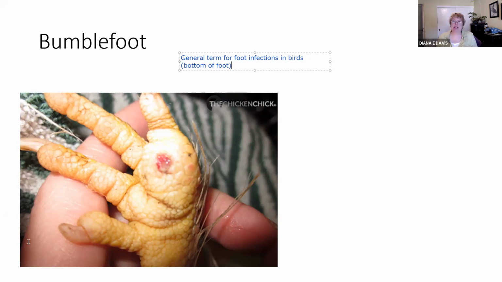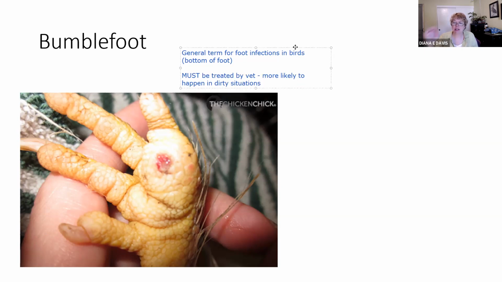These must be treated by a vet. And they are more likely to happen in dirty situations. Oh, you guys learned a little bit about it in small mammals. Yes, small mammals and reptiles can get bumblefoot. Cleanliness is really, really important in birds. Keeping the bird's cage clean, keeping those perches clean, really reduces the risk of this kind of thing.